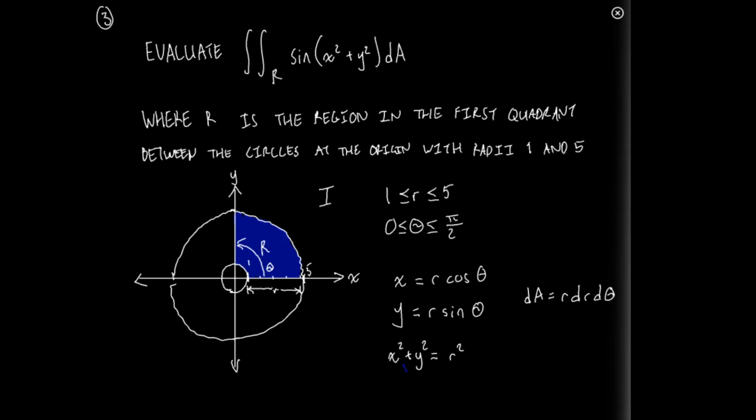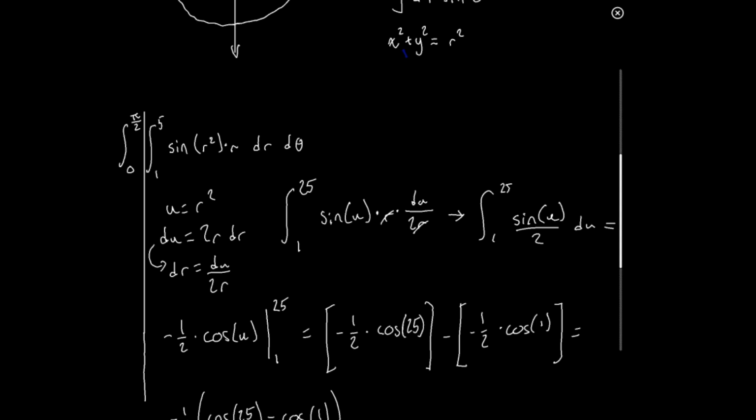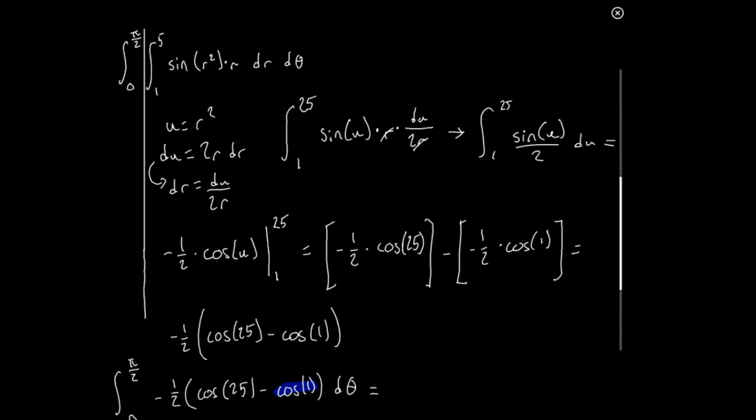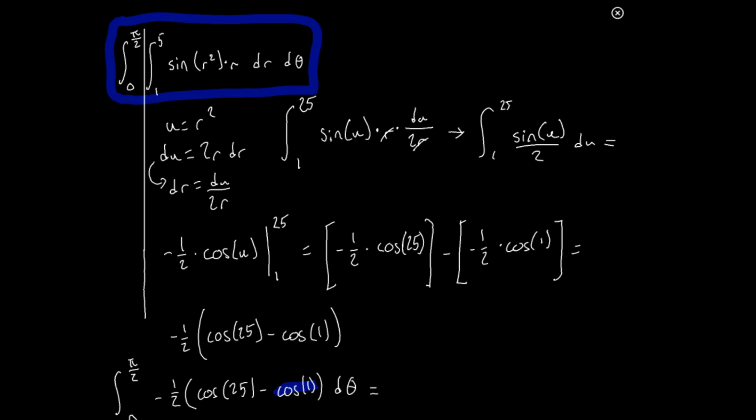We used all that to rewrite our integral. We used our limits for r, 1 to 5, and our limits for theta, 0 to pi over 2. We rewrote the inside as sine of r squared times r dr d theta, as we said.